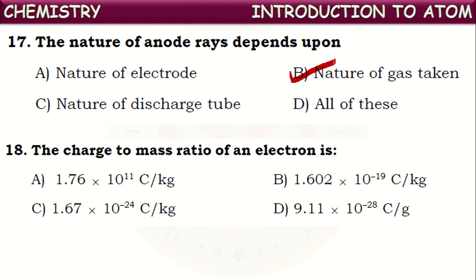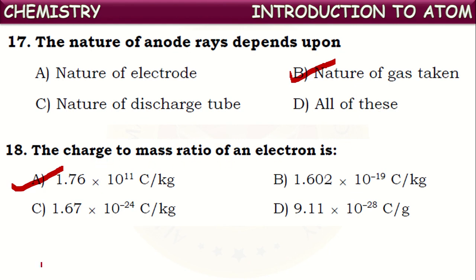The charge to mass ratio of an electron is equal to 1.76 x 10^11 coulombs per gram. Charge to mass ratio means e/m ratio.